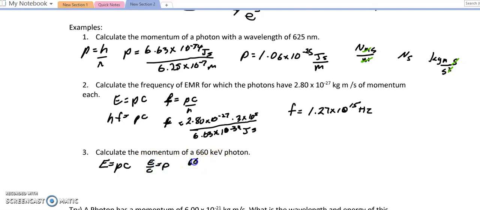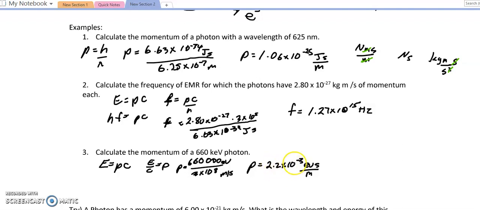So 660,000 electron volts divided by 3 times 10 to the 8 meters per second will be equal to the momentum. So the momentum here, when you calculate this out, gets you 2.2 times 10 to the negative 3 electron volt seconds per meter.